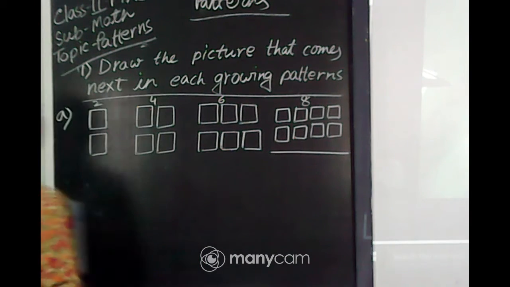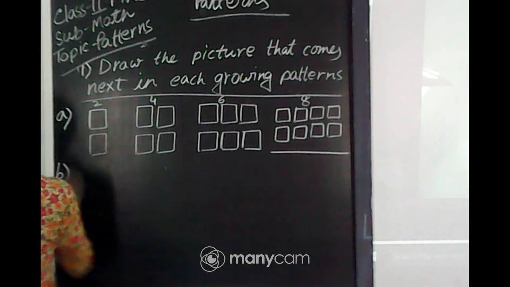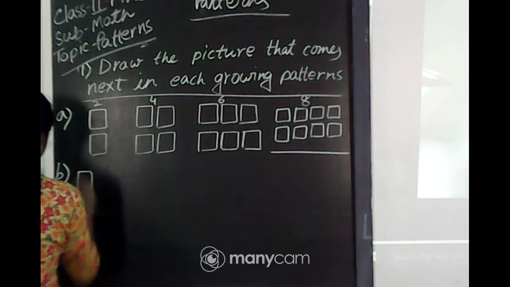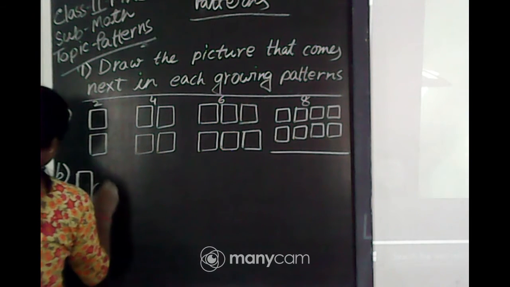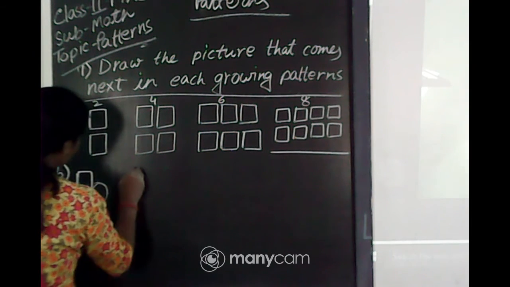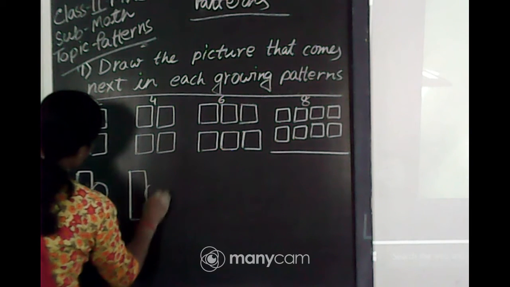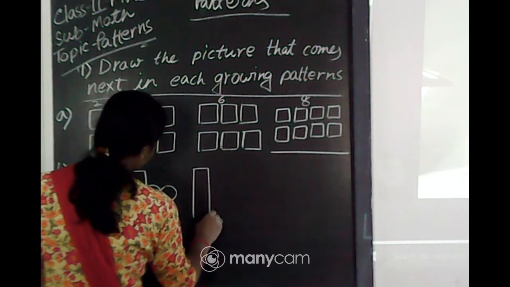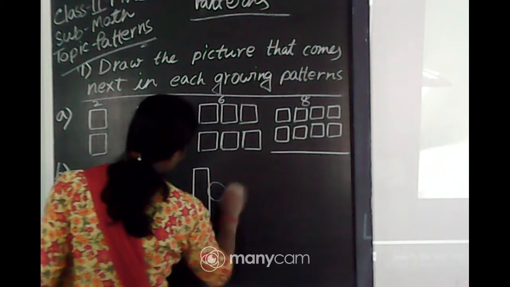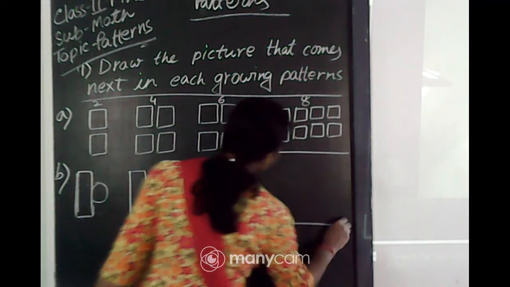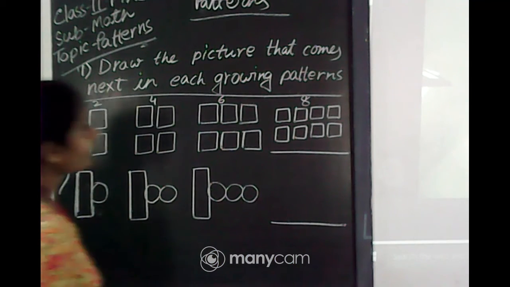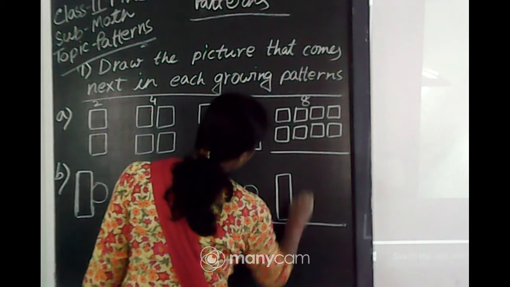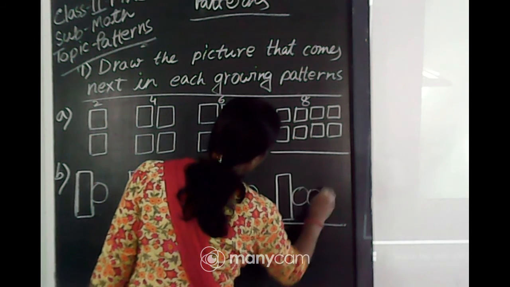Next number B. 1 rectangle, 1 square. Next 1 rectangle, 2 squares. Next 1 rectangle, 3 squares. And then what will be the next? 1 rectangle and 4 squares.